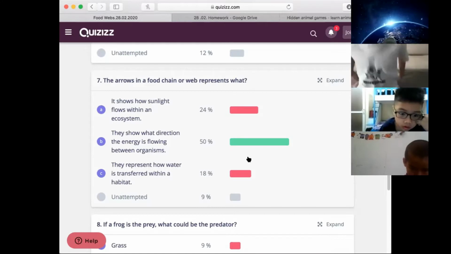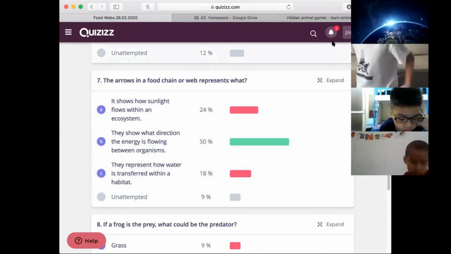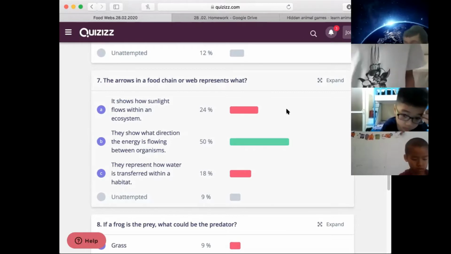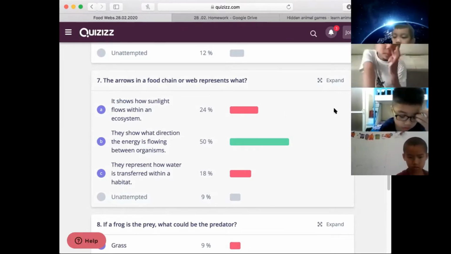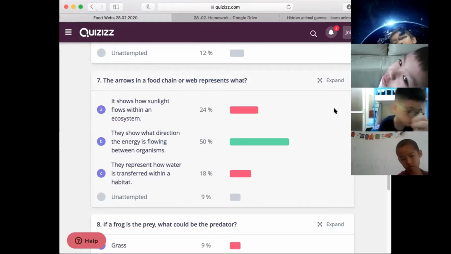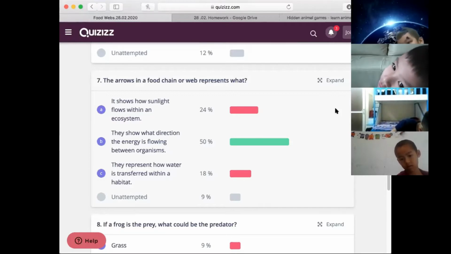The arrows in a food chain or food web represent what? Can someone read the entire answer out for me for the correct answer? Kaki, go ahead. They show what direction the energy is followed between organisms. Good, very good.